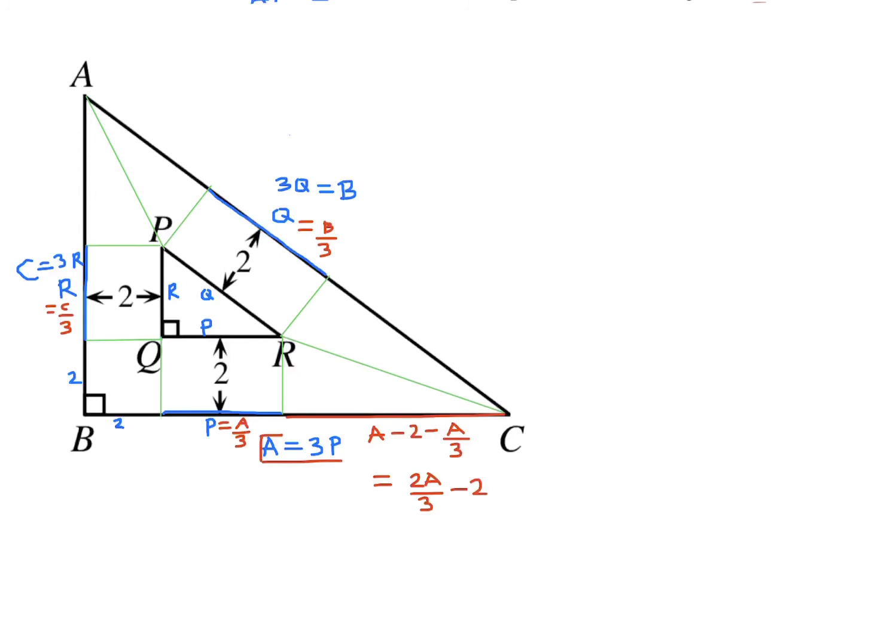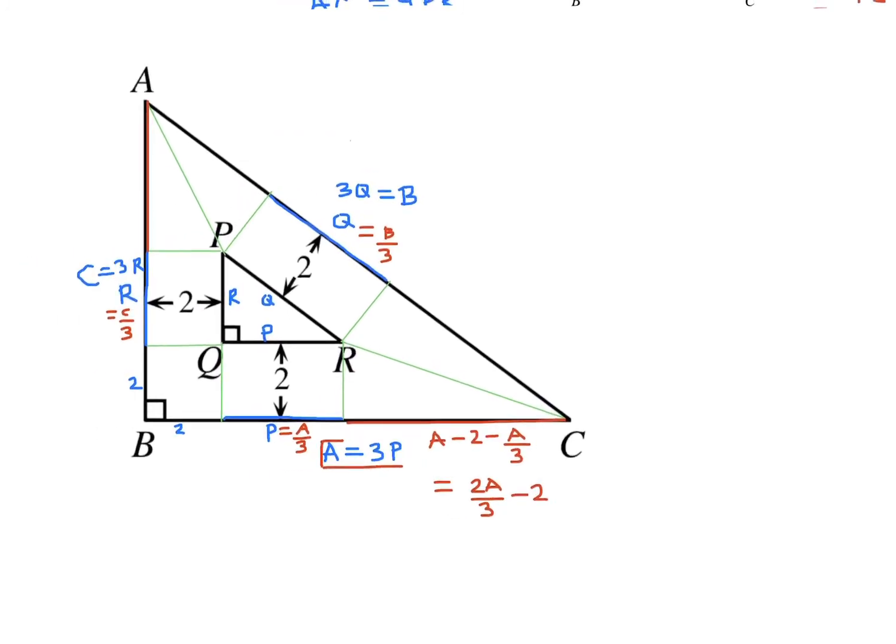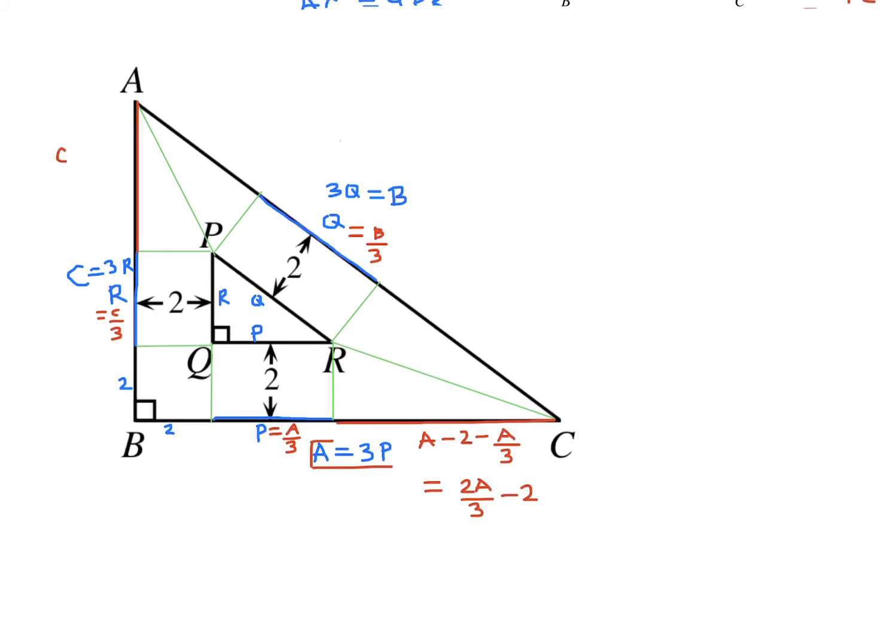And in a very similar way, we want to get this height right here. That is going to be C minus 2 minus C over 3. And if you do the math there, you will get 2C over 3 minus 2.